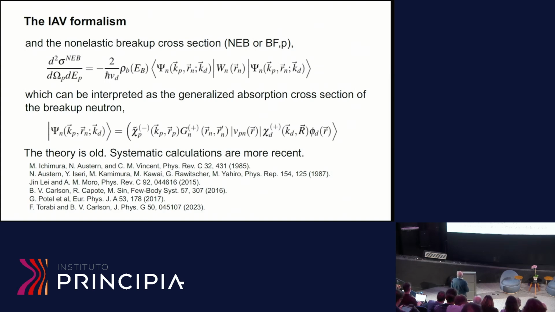And since then, there's been a workshop at East Lansing where this was discussed in detail, and other things have been done. As far as I know, at the moment, there are 3 people who do these calculations: Antonio Moro and Jin Lei, Gregory Potel in the US, and me, or our group here.